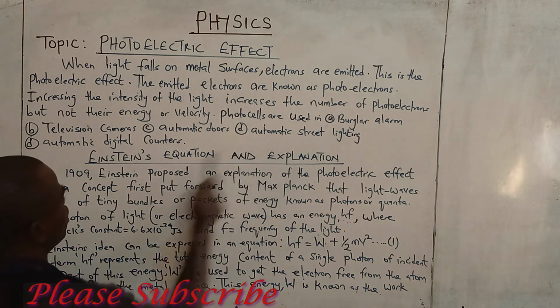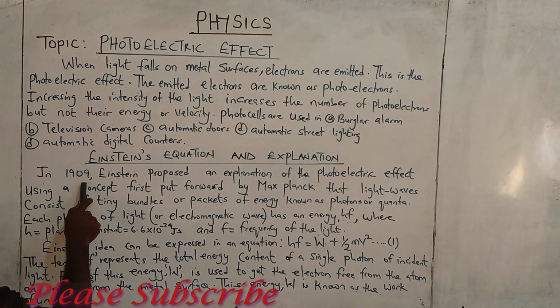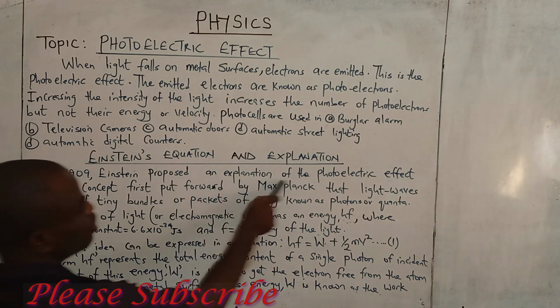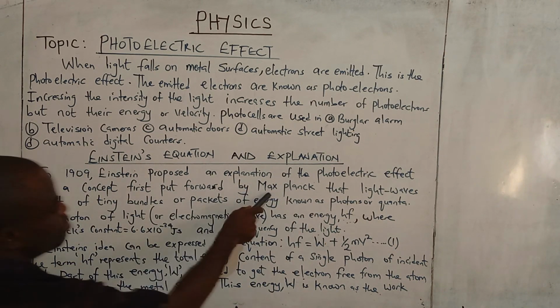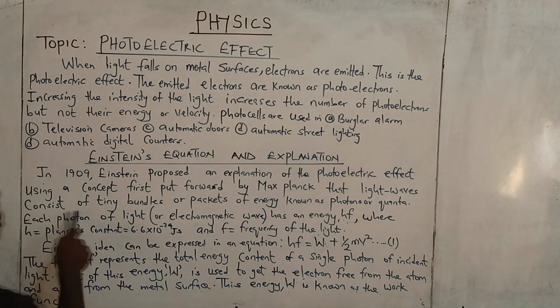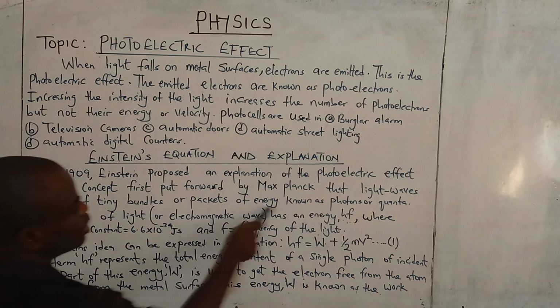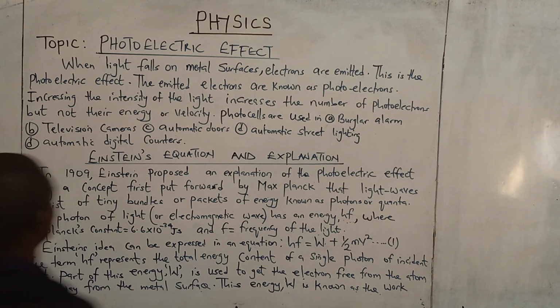Einstein equation and explanation. In 1909, Einstein proposed an explanation of the photoelectric effect using the concept first put forward by Max Planck that light waves consist of tiny bundles or packets of energy known as photons or quanta.